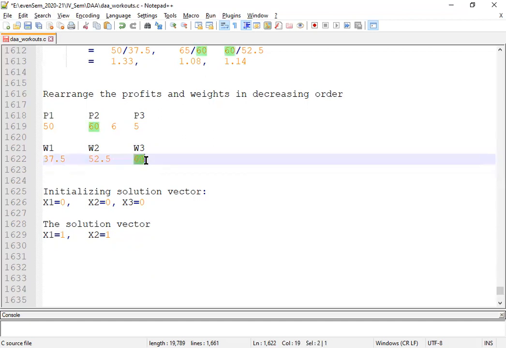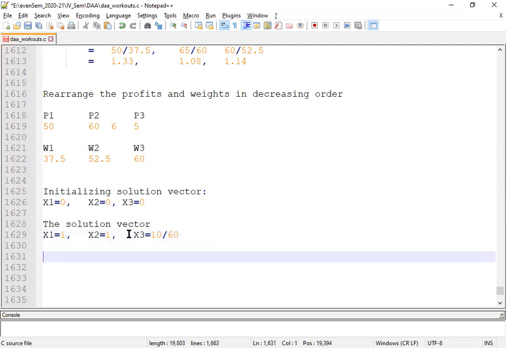But the weight of the third object is 60, and we cannot fit all these 60 into our knapsack, but we can fill partial values. So X3: the remaining is only 10 kgs and I have 60 kgs, so it is going to be a fraction of 10 divided by 6. Let us keep this as 10 divided by 6 as it is. Later we will calculate the values, or else you can also write down the fraction. That is also okay. I'm just keeping it as 10 divided by 6 itself.